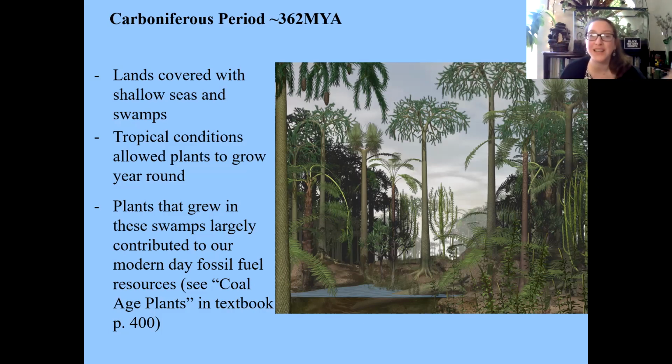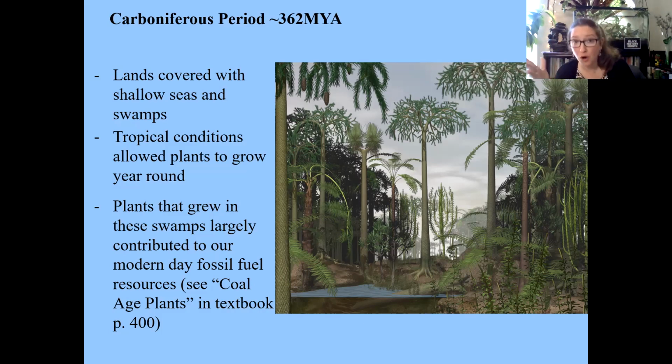There were way more plants 300 plus million years ago than there were animals. There's way more plants right now than there are animals on Earth, right? So it's plants that are the fossil fuels, and a lot of the fossil fuels that we use today were actually created from these plants dying more than 300 million years ago.